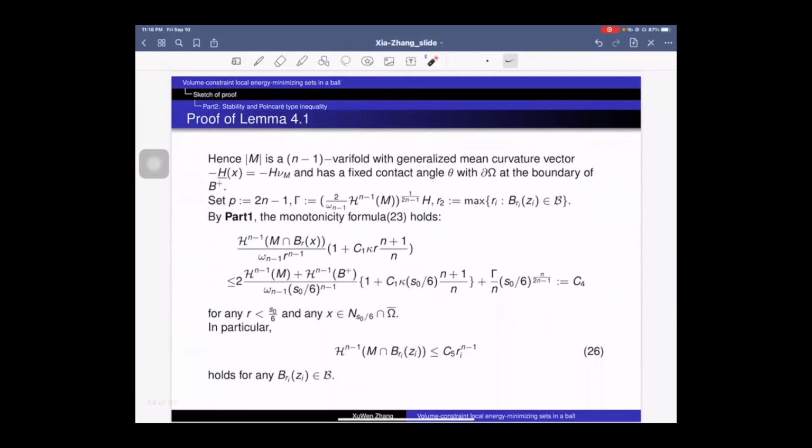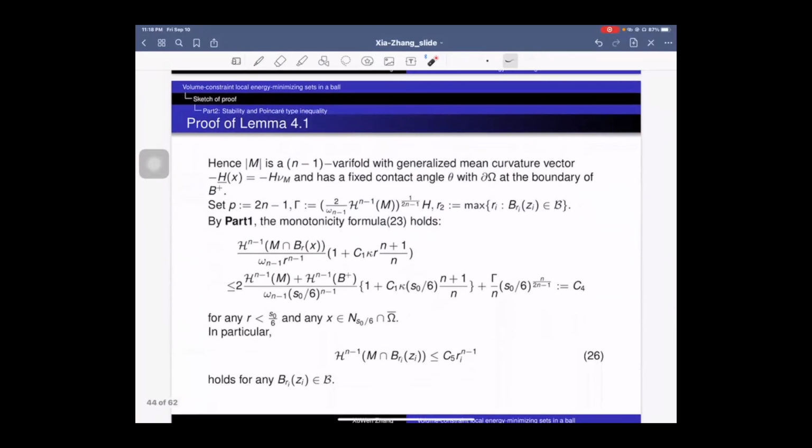And moreover, we know that the generalized mean curvature H of such varifolds is bounded, it is a constant, so it is apparently L^p near the epsilon tubular neighborhood of omega.